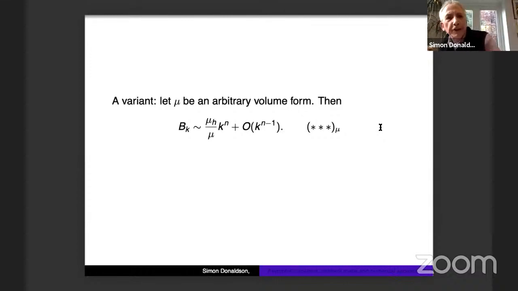So this was the version discussed when we were using the volume form, which itself depended upon the Hermitian metric on the line bundle.